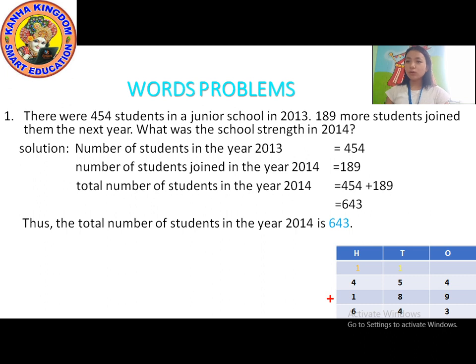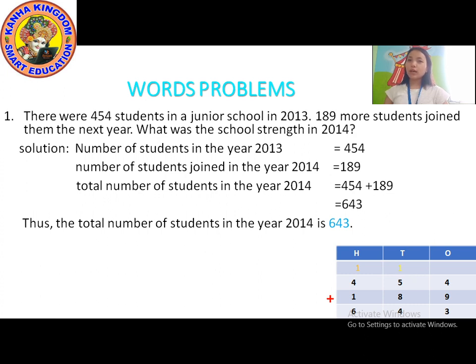Okay, so while adding the hundreds, 4 plus 1 plus 1, because 1 is the carryover which we carried over from the tens column, we got 6 as the sum of these digits.